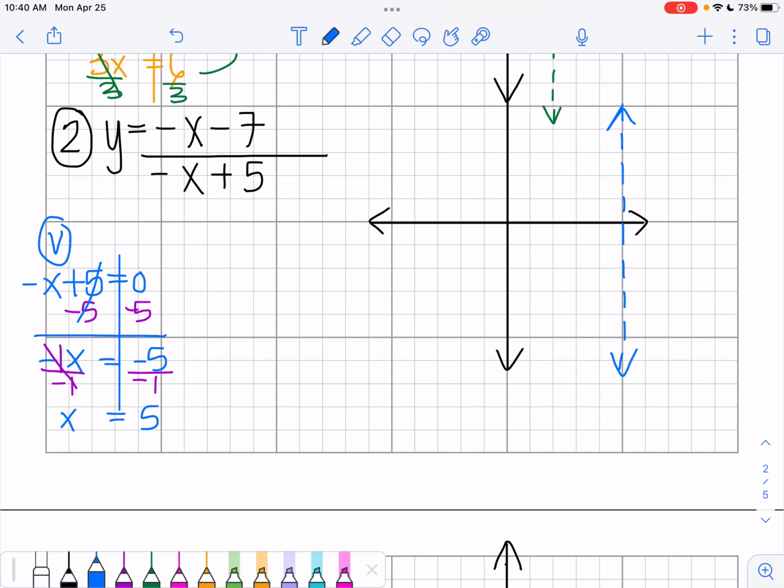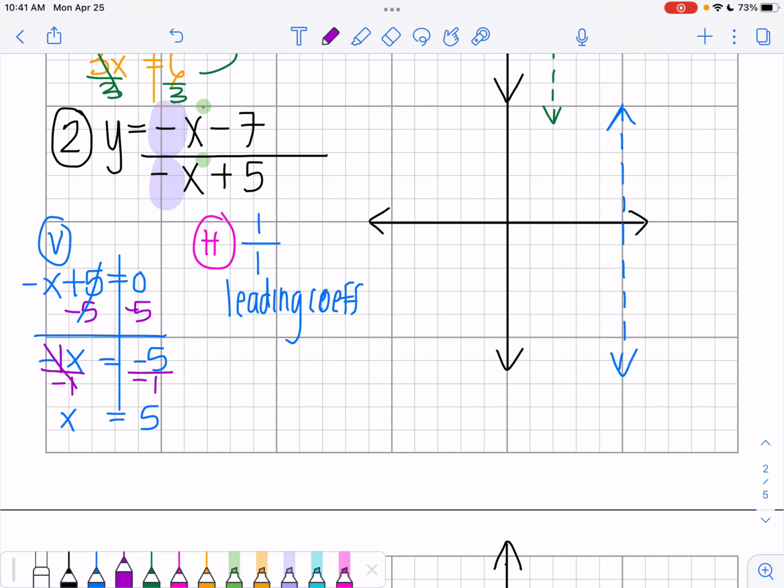All right, horizontal asymptote. The degree of my numerator right here, this number is 1 and this number is 1. So the degree of my numerator is 1, the degree of my denominator is 1. So that means I have to take my leading coefficients and I divide them. So my leading coefficients are my numbers right out in front.